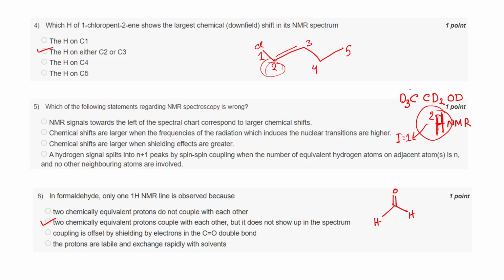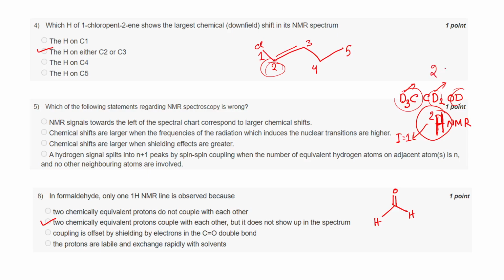Then what kind of splitting would you expect for this? And this is labile, as we have talked, so we will not discuss it. What will we expect for this? How many equivalent deuteriums are in the adjacent atom? Two.